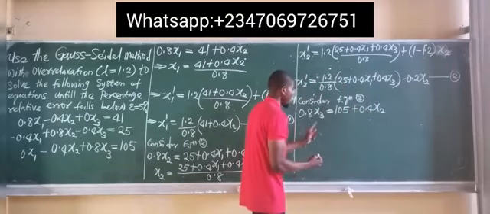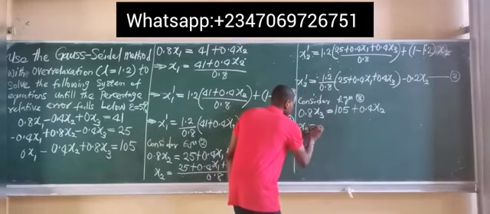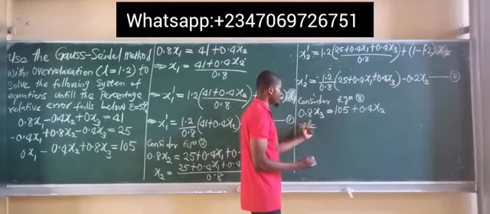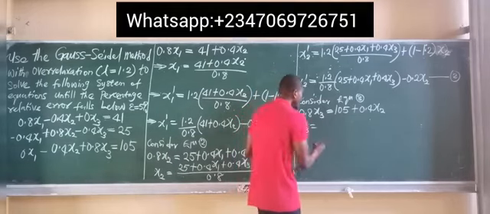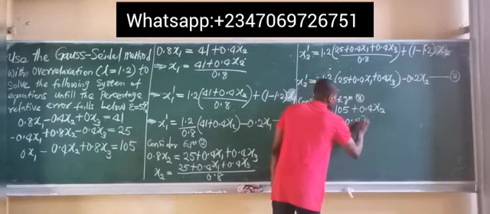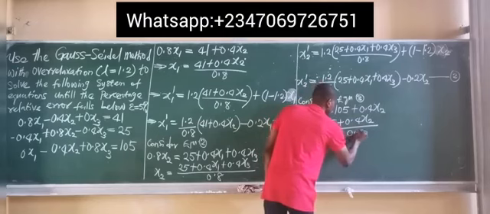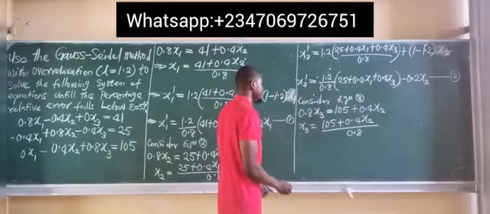But we need x3 to be the subject, therefore x3 is now equal to, you divide all through by the coefficient of x3, which is 0.8. You have 105 plus 0.4 x2 all over 0.8.